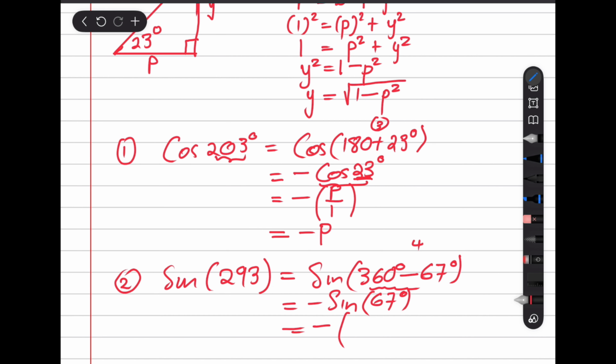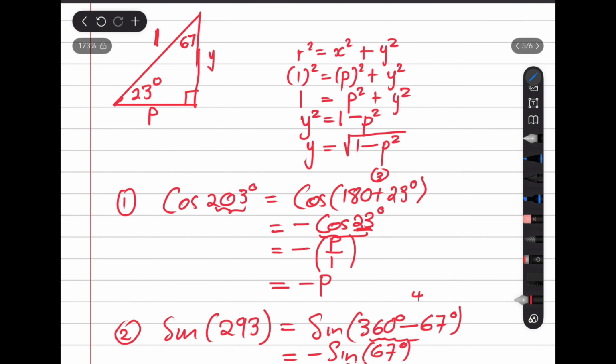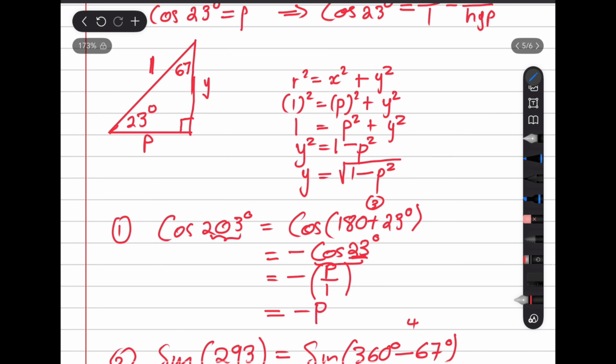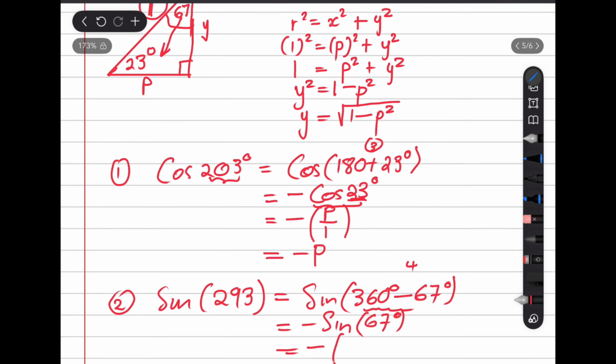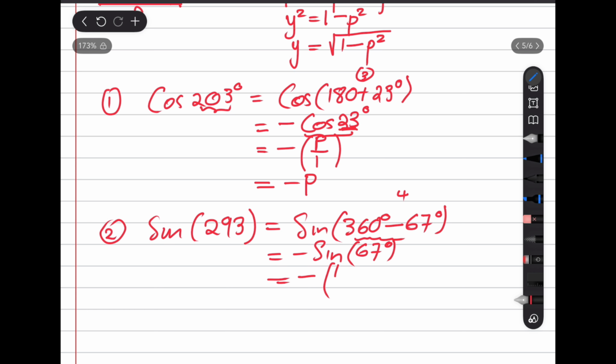What is sine 67 according to the diagram? Remember, we are referring to this angle here. Sine 67 is opposite over hypotenuse. The opposite is p, the hypotenuse is 1. So we have p over 1.